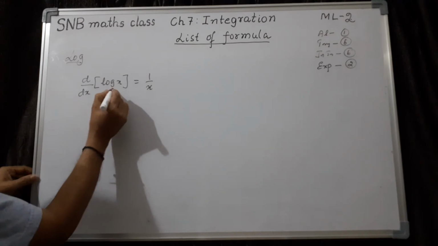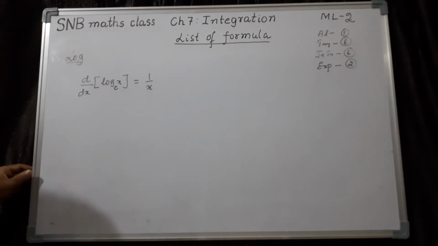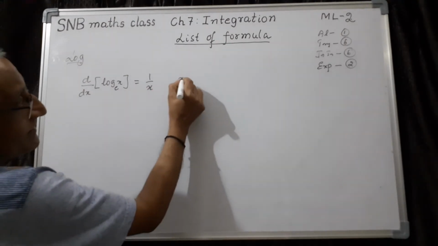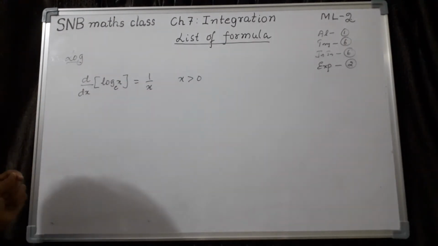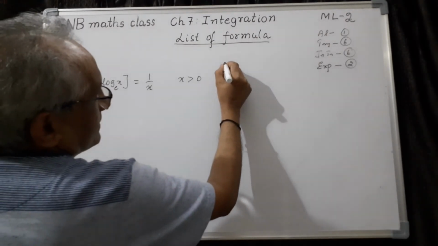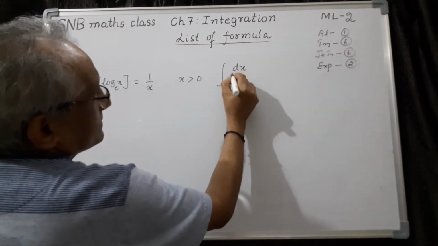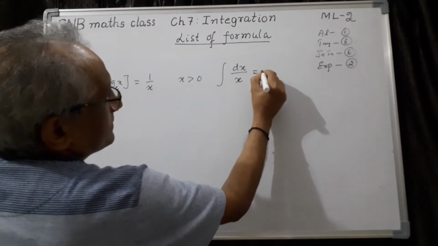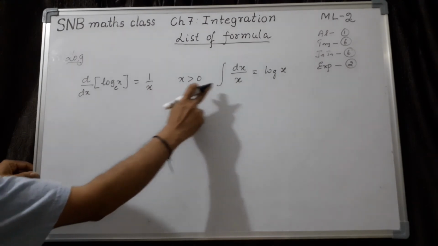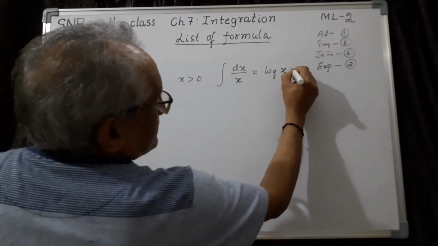And of course, the condition is once again, base is e. And what is another condition? Log is defined for x positive only. Therefore, definitely I can say integration of dx by x is log x. I need not write mod because x is already positive. Of course, I have to write plus c.